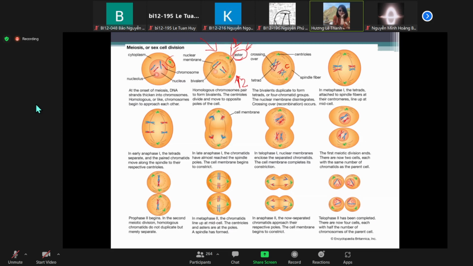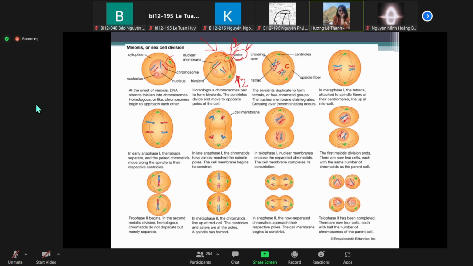Aster means centrosome plus fibers. The green one here is the centrosome, and you can see the number of fibers touching it. So we call this structure the aster.